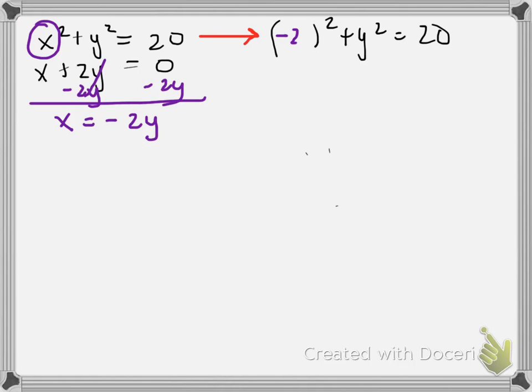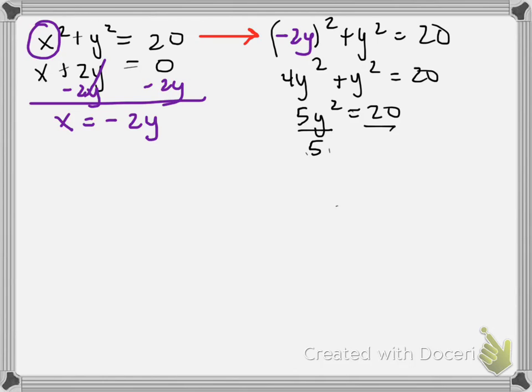So instead of x, negative 2y. Alright, now let's solve for y. I get 4y squared plus y squared equals 20. That gives me 5y squared.